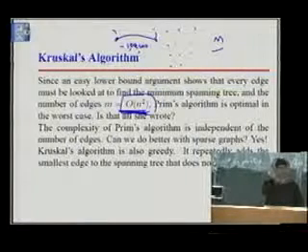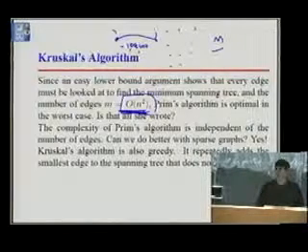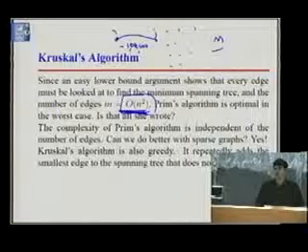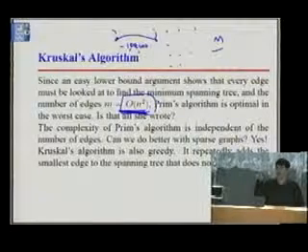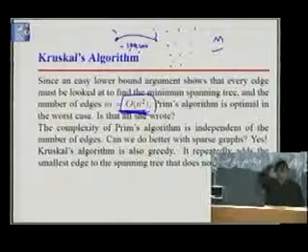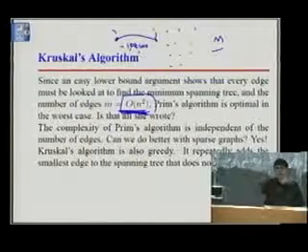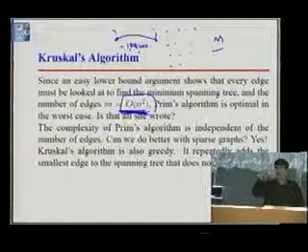Does everybody agree with that? Because if you give me a graph with n squared edges, I'm going to have to look at all of them. How fast did Prim's algorithm run? N squared. Does that mean that Prim's algorithm is the best of all possible minimum spanning tree algorithms?